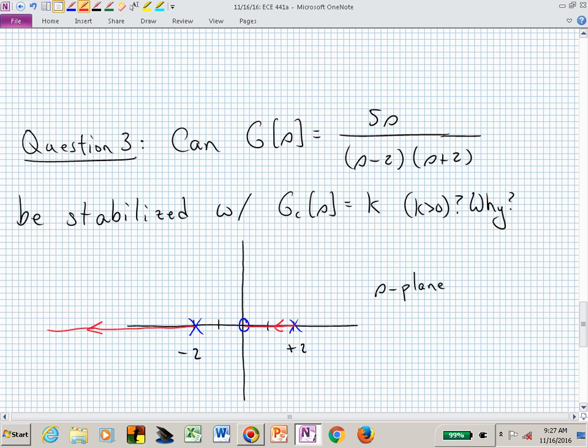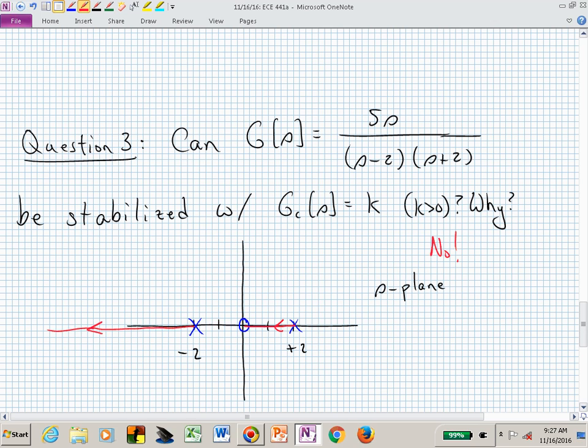The answer here, if you were flipping a coin, was no, and the answer is what? We don't even want to have an infinite gain here because you're still really unstable. You're always in the right half plane.